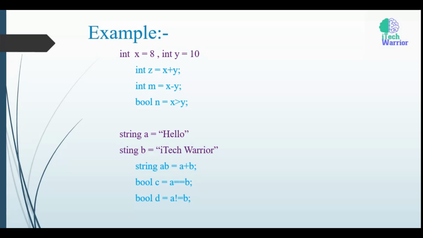We all know plus means addition of two numeric values, minus means subtraction, and greater than means comparison of two numbers to see which is greater. In the second example, string a equals "hello" and string b equals "iTech warrior", and the three statements are: string ab equals a plus b, boolean c equals a compared to b, and boolean d equals a not equal to b.